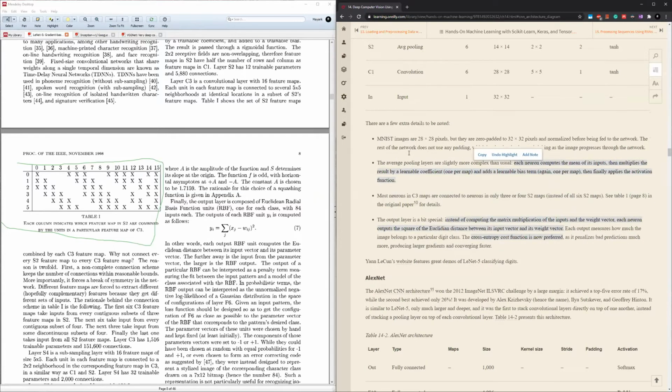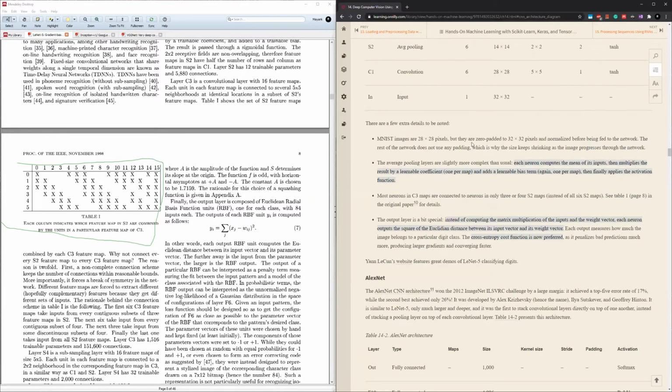The rest of the network doesn't use any padding, so the size shrinks as the image passes through the network. The average pooling layers are more complex and they have a learnable coefficient, one per map, and add a learnable bias term once per map and finally apply the activation function.